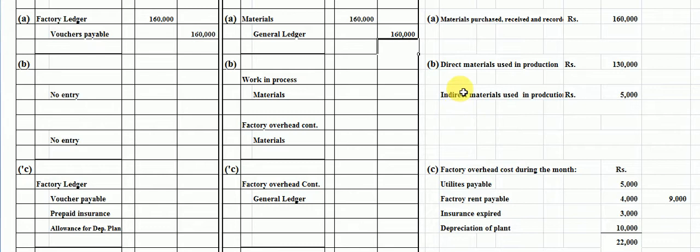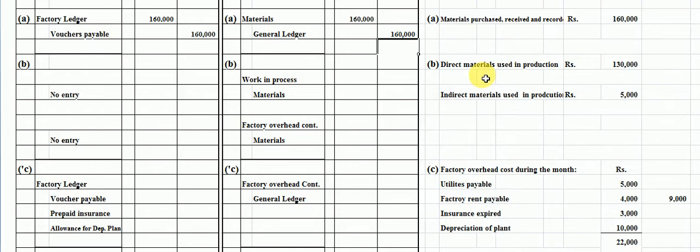Now let's move to the next transaction, B part, direct materials used in production. Student, this is the entry when the material is issued to production.